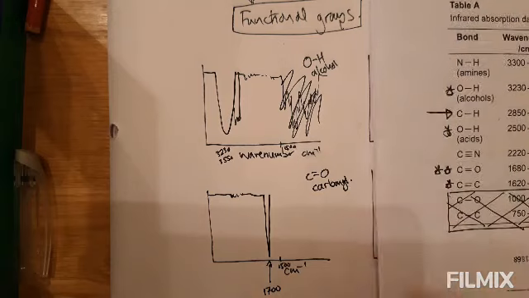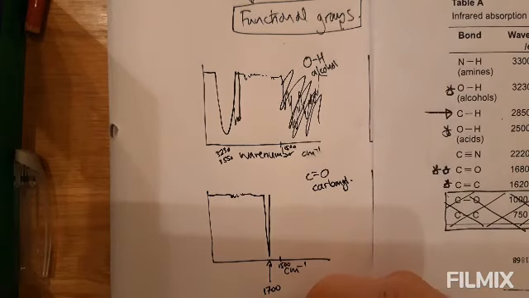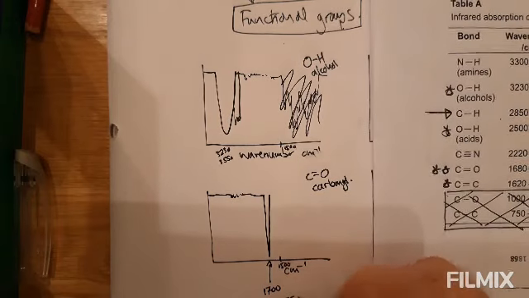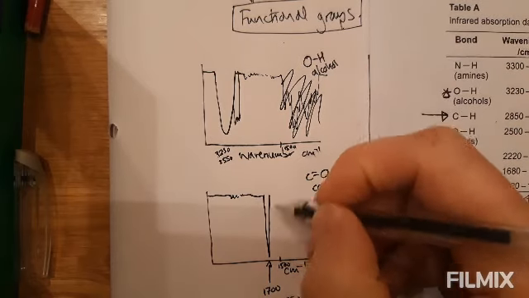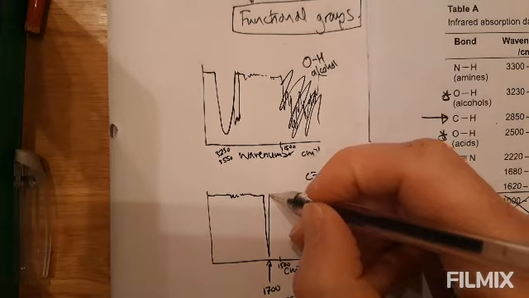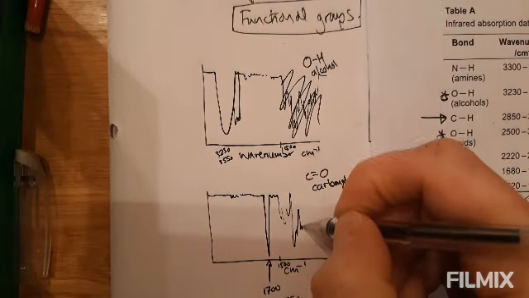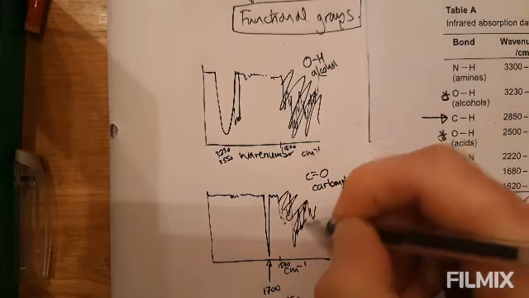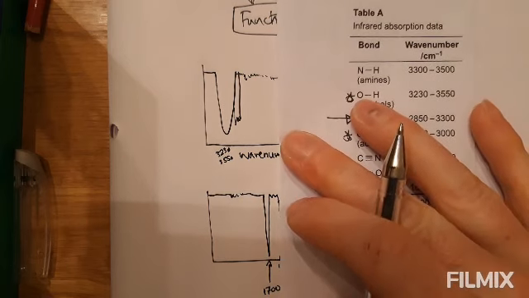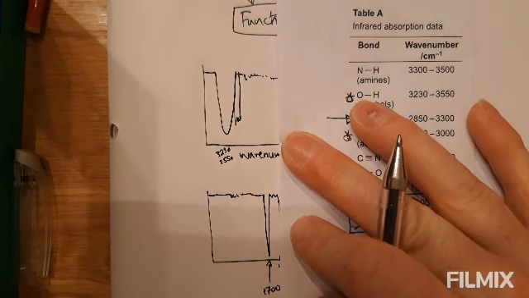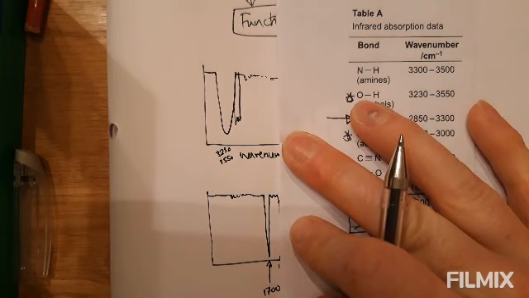In fact, the data booklet says it's 1680 and 1750. It goes almost all the way down to the line typically, and it's a sharp peak, like a needle coming down. And then you'll have all this noise and peaks here, which, you know what, we don't look at. Look how simple this spectrum looks if you cover up the fingerprint region. I would look at that and go, oh, there's a carbonyl, there's a C double bond O.